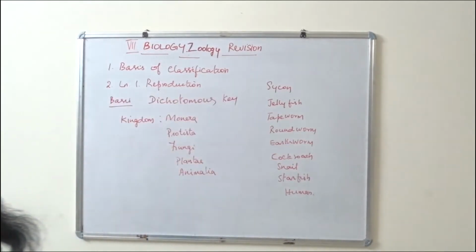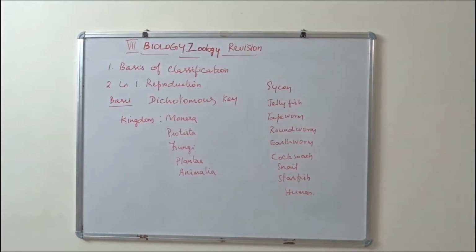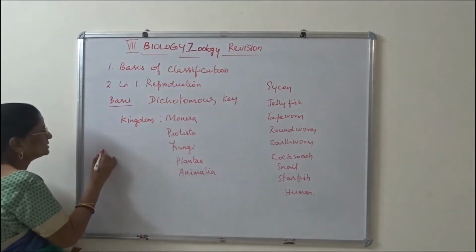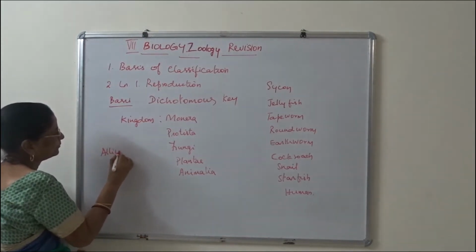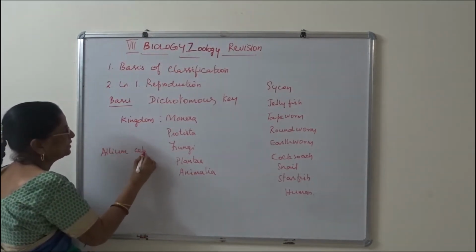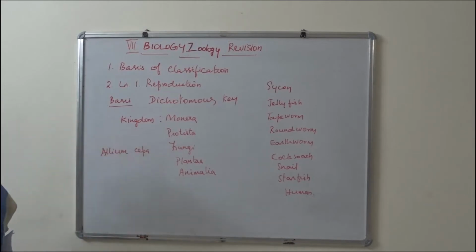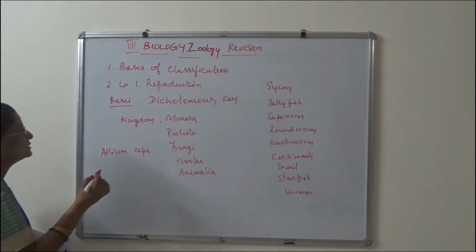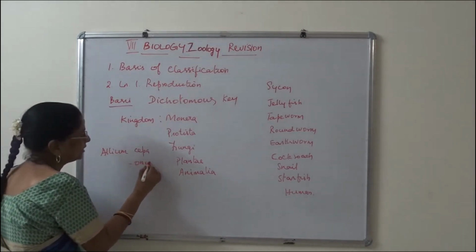As it is given, onion. The binomial of onion is Allium cepa. Actually, it is given in our textbook. Allium sativum is garlic. This is Allium cepa, onion.